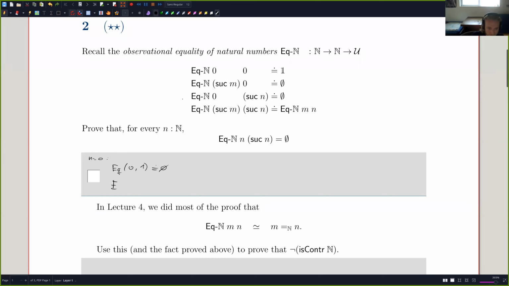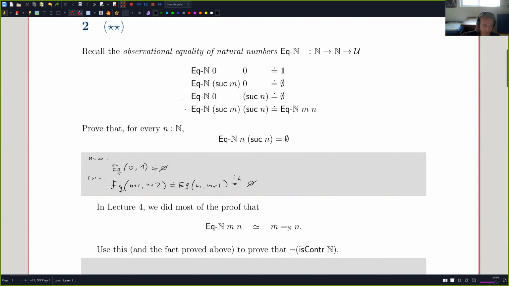for the successor case, the observational equality of the successor of n and n plus 2 is by definition just this clause, the observational equality of n and n plus 1, and by induction hypothesis, this is the empty type.